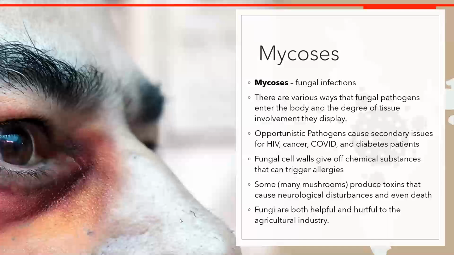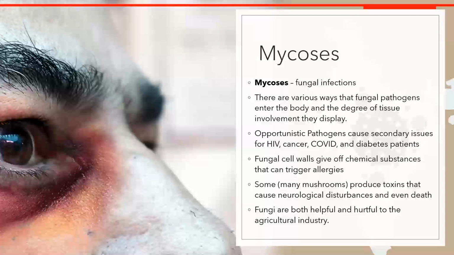It's important to note as well, in addition to all of these yeast and mold infections, some mushrooms also produce toxins that can have neurological disturbances and even cause death. I mean, obviously there's some that people will use recreationally, not encouraging that, okay? So there's from that side of the spectrum all the way to it could be poisonous and even cause death.